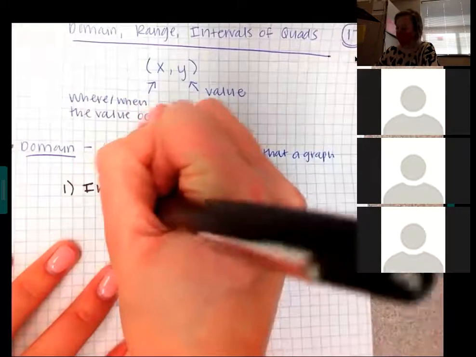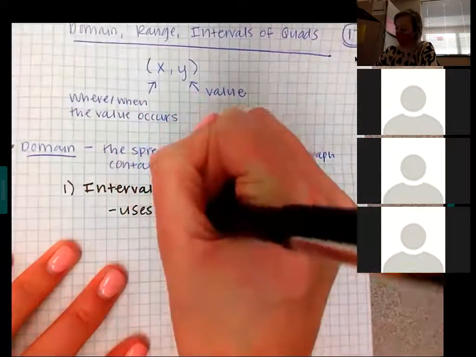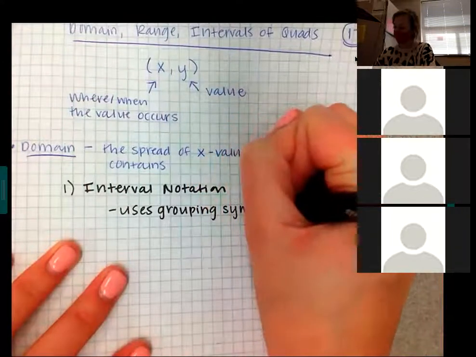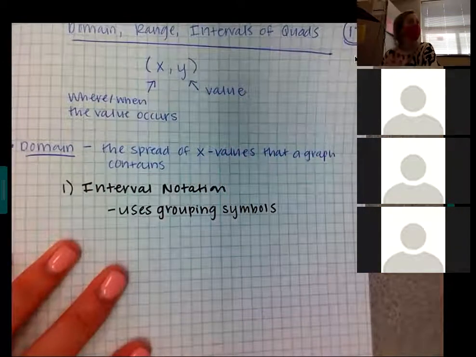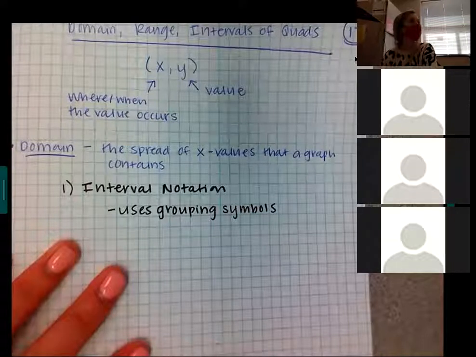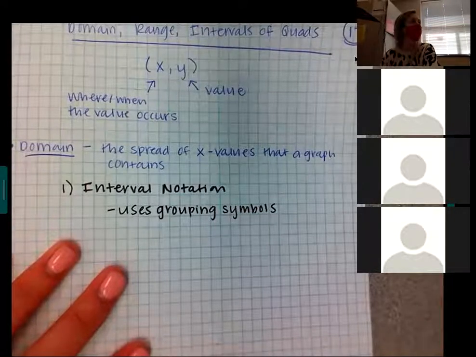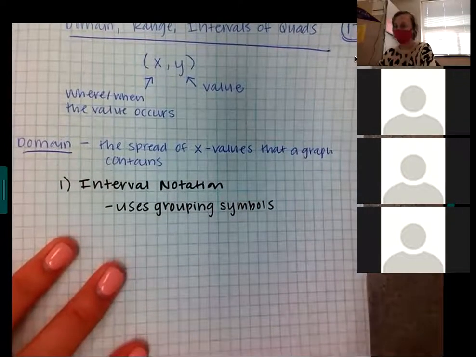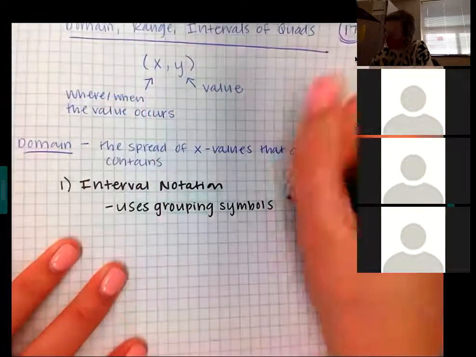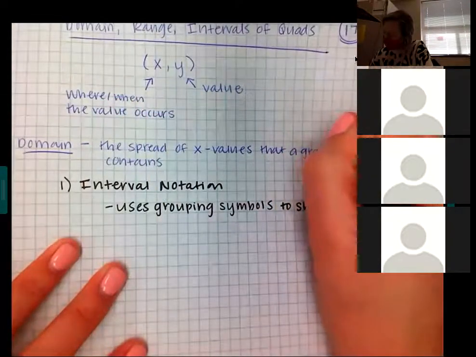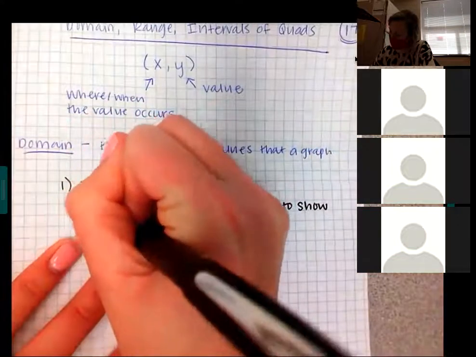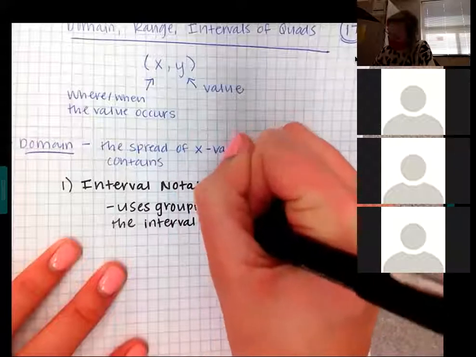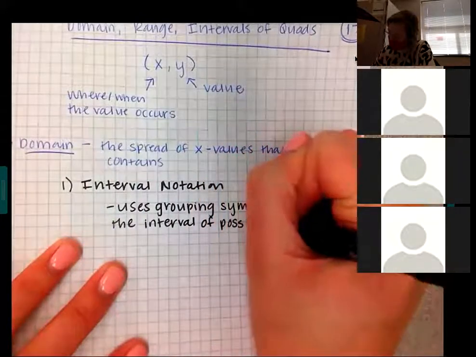Not exponents. Just think about PEMDAS. What does the P stand for? That's a grouper. Parentheses, that's a grouping symbol. So what's another example of something similar to parentheses? Brackets, there we go. Uses grouping symbols to show the interval of possible X values.